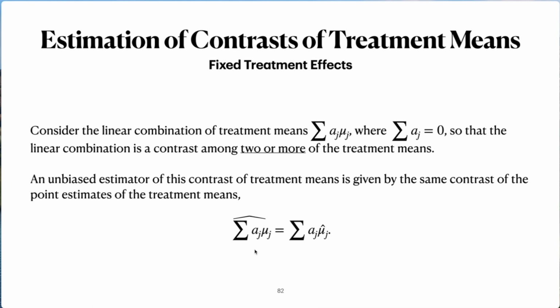Because of linearity, this is given by the same linear combination of the point estimates of the treatment means: the sum of the a sub j's times the corresponding mu hat sub j's. That's how we come up with a point estimate for this contrast.